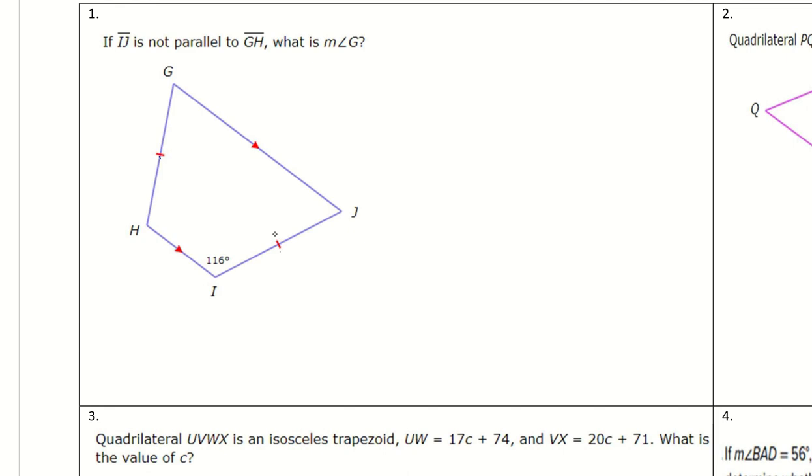In an isosceles trapezoid, we know that the two angles here that are consecutive, these two top angles, or I guess they would be the bottom here, are going to be congruent. So this is going to be 116 as well. And then these ones here, the base angles essentially, so basically the angles next to each other that are next to the bases, these two are supplementary.